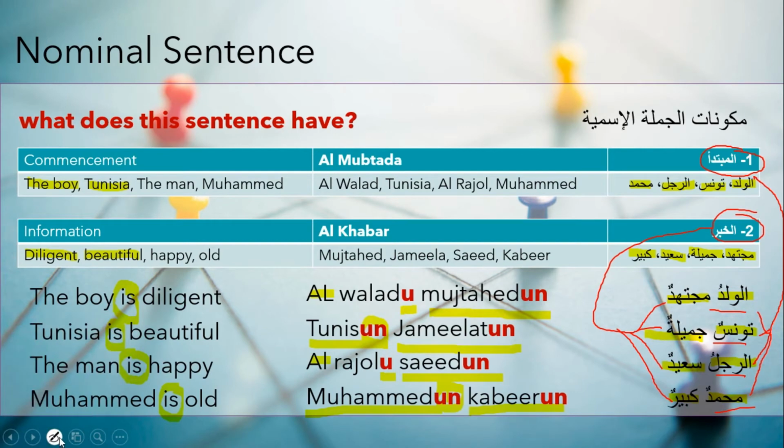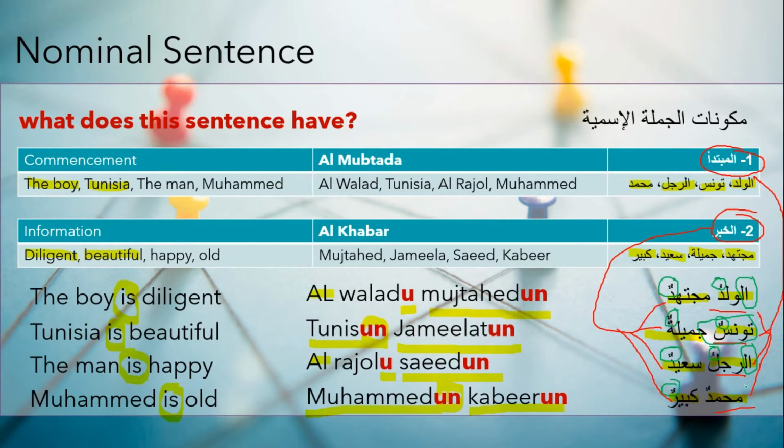Now I will explain it in a much more practical way, but just to identify here, I'm using the dhamma here because of al, as you can see, al-waladu, al-rajulu. But Tunis, we don't have al. That's why we keep it as it is. Al-waladu, we use dhamma. Al-rajulu, we use dhamma as well. Tunis, we use tanween. Muhammadun, we use tanween.